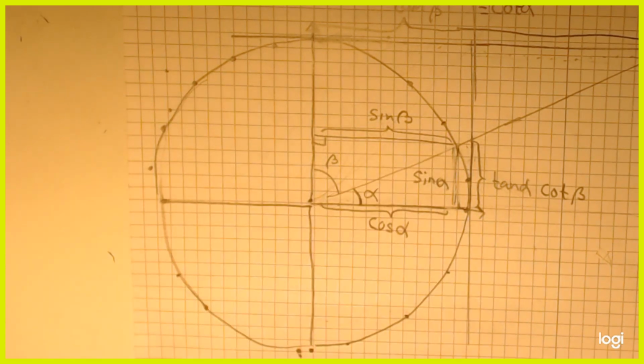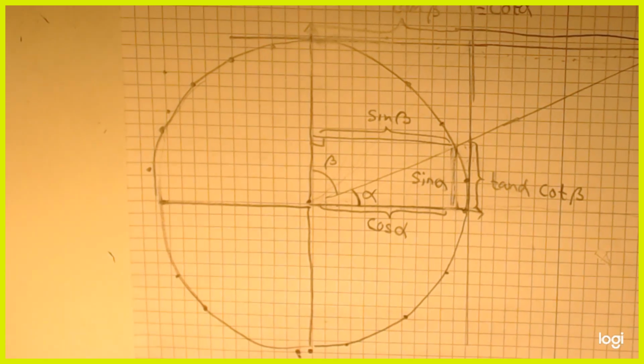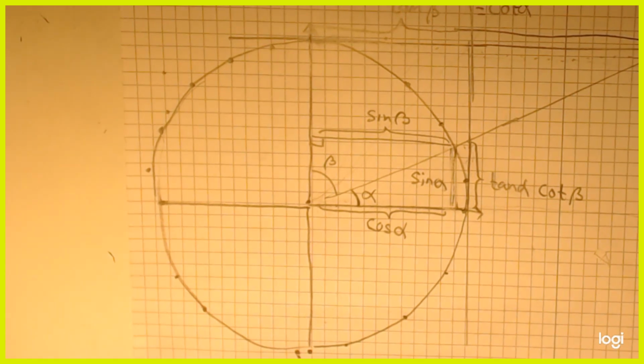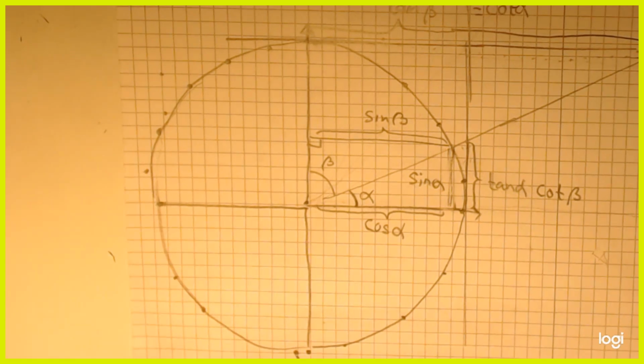And that side is, if you measure it, 5.1 over 12. So it's a little bit larger than sinus alpha. So alpha here is 25.15.